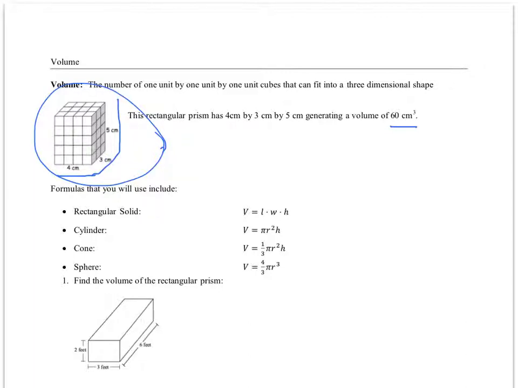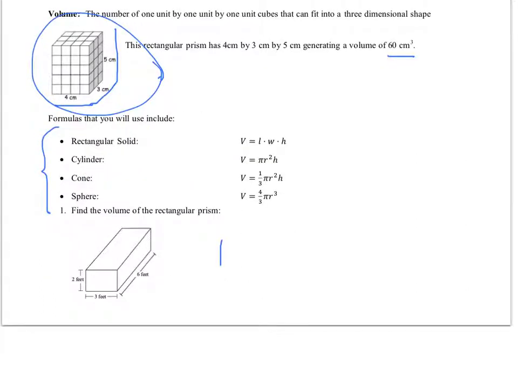These are the formulas, and we're going to do one of each. So let's take a look at this first one. This prism is 2 feet by 3 feet by 6 feet.